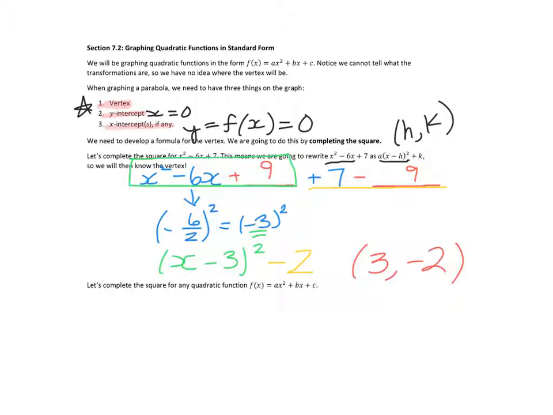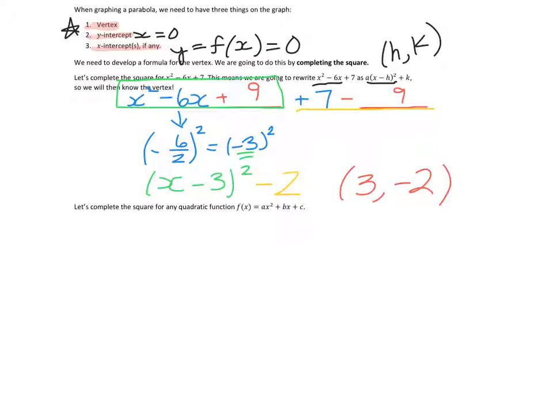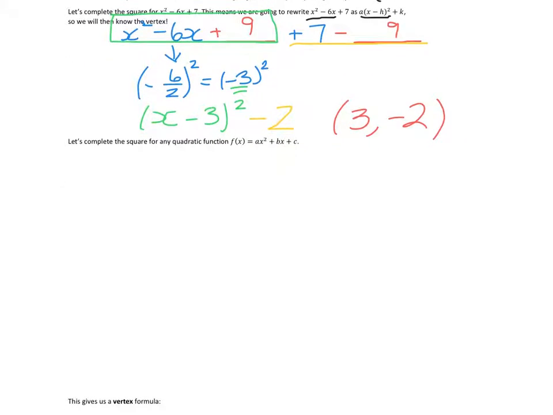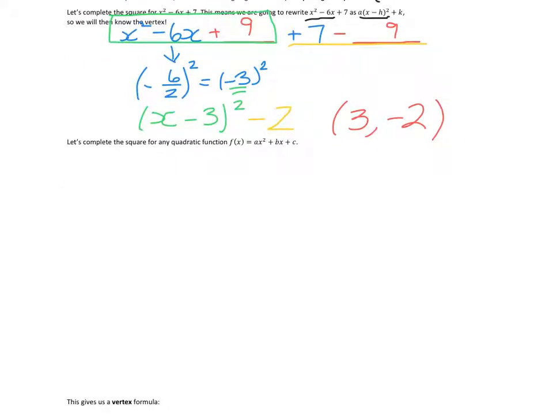So let's continue on, and we're going to have a formula in general. So we're going to complete the square for any quadratic function, ax squared plus bx plus c. And then hopefully we get a formula for the vertex rather than having to complete the square each time.